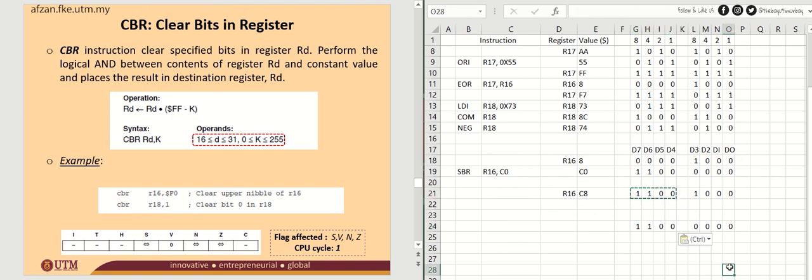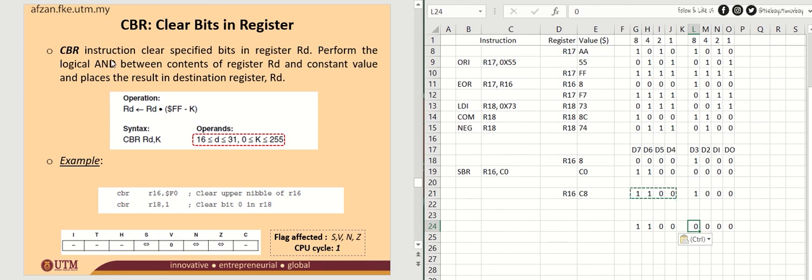So how to do that? How to clear bit 3 so that it changes from 1 to 0, but the other bits remain?